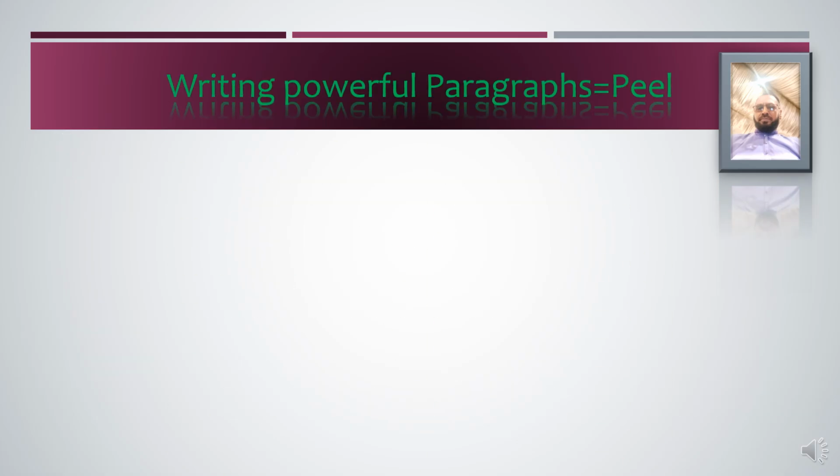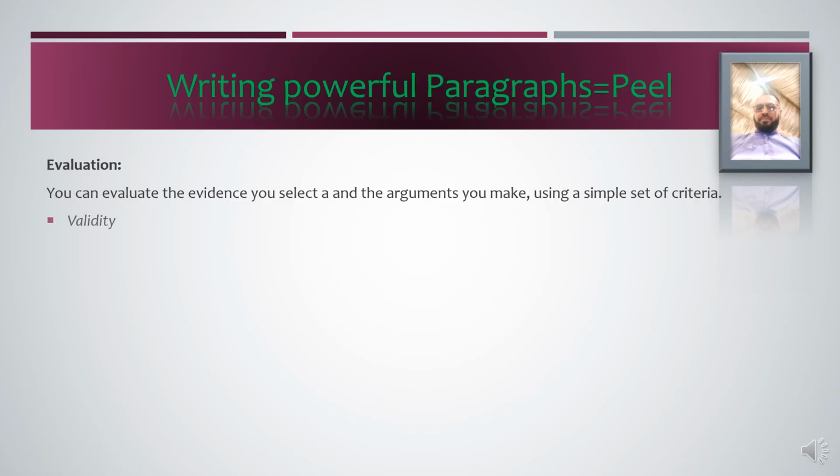Right? Now, evaluation. You can evaluate the evidence of the argument by simply setting a criteria of validity, reliability, representativeness. Validity means that the research finding is correct, natural, and true.